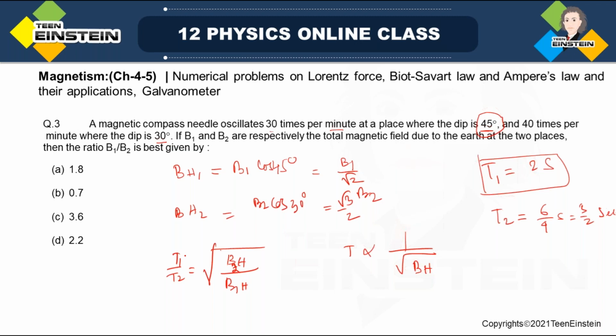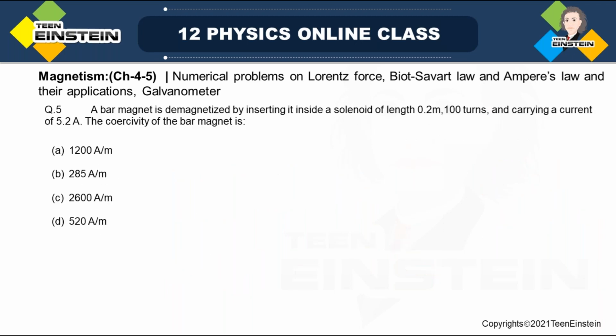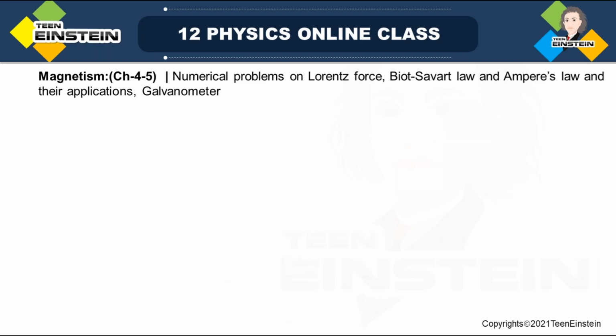I'll just take the next page, or let me go to the last. So what are the things we have got? We have got T1 to be 2 seconds, and T2, the time period of oscillation, is 3 by 2 s.